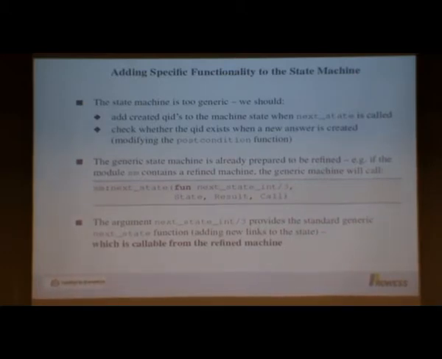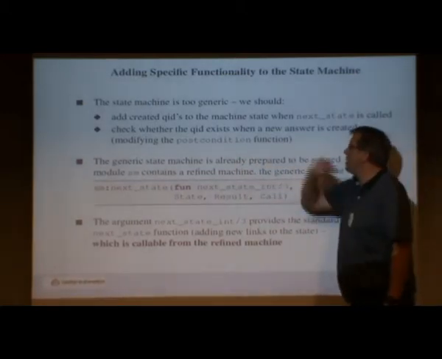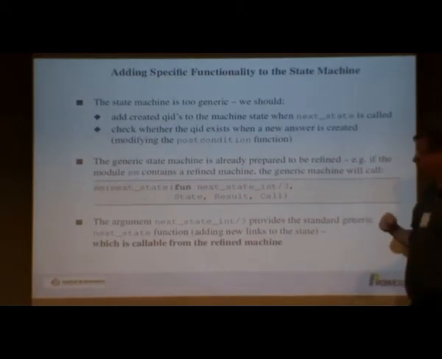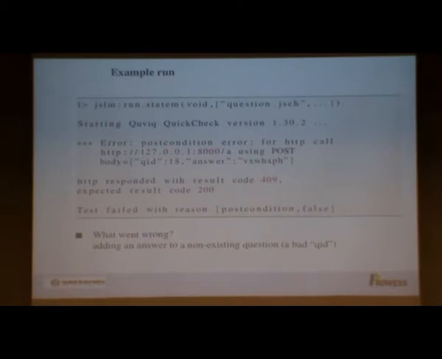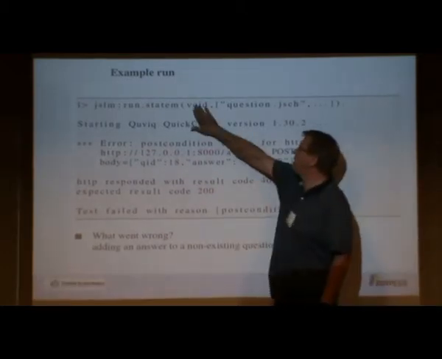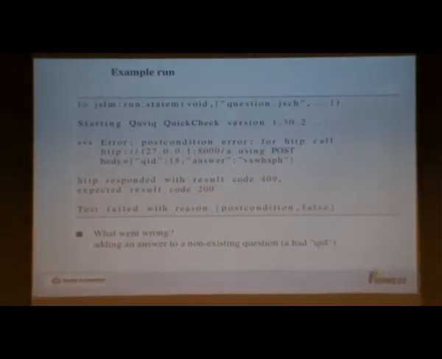And it turns out we have already prepared this generic state machine to be refined in such a manner. So actually there was an argument which you didn't see here. We can supply a model here which refines the generic state machine model.